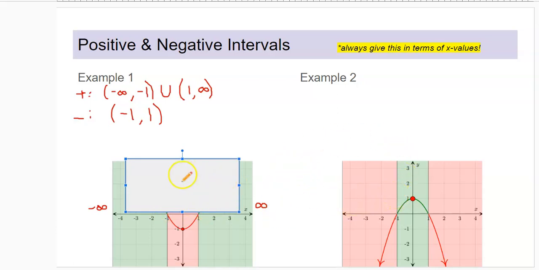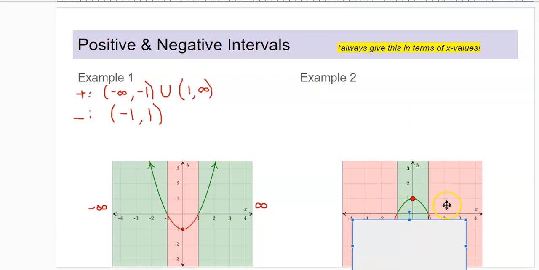For the next one, you see that we're looking at a parabola that is upside down, right? And so when we're looking at the positive portion, we're still looking at what's above the x-axis, and we're describing it in terms of the x values. So between -1 and 1, can you see it?